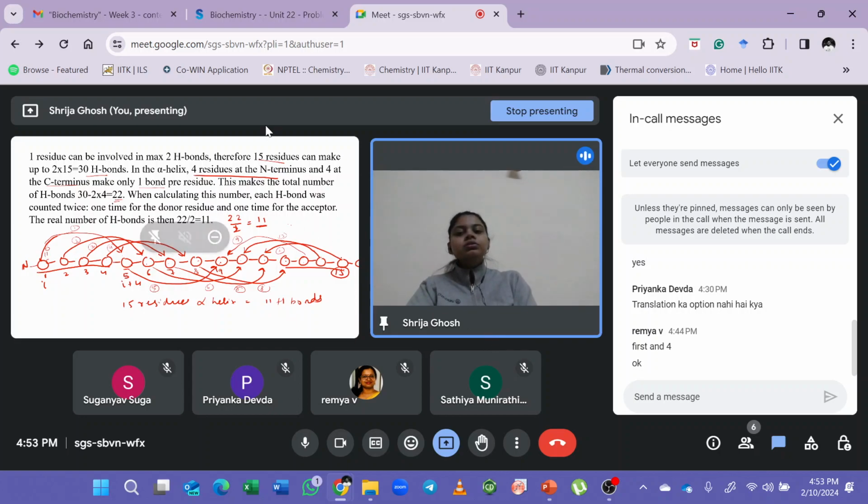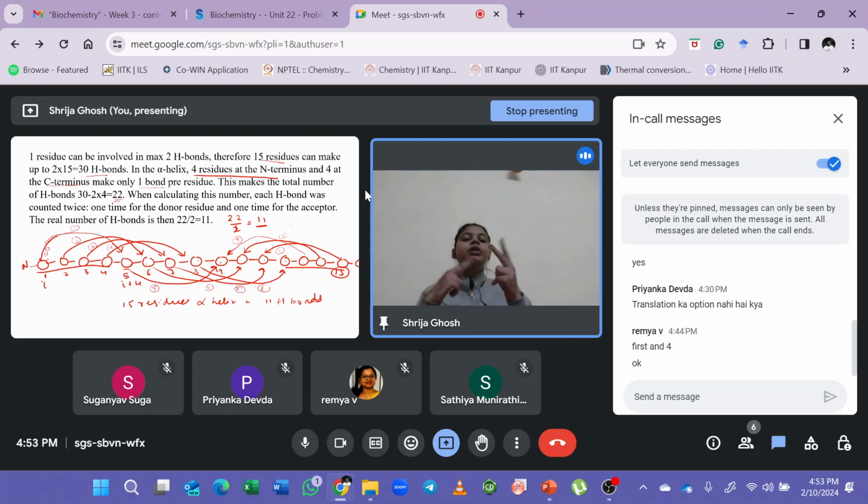Okay. So the calculation is simple. Basically, you will have to see how many residues are there. Multiply it with 2 first. Then you just subtract 4 from each terminal. So 4 from the N terminal and 4 from the C terminal. Once you subtract those, you will get the number of hydrogen bonds, but that counting will be twice, because the fifth amino acid or the sixth amino acid, they are making 2 hydrogen bonds.